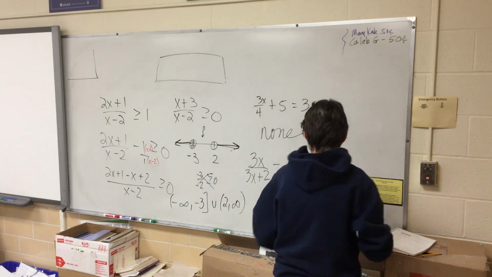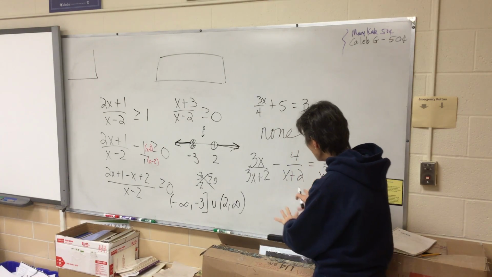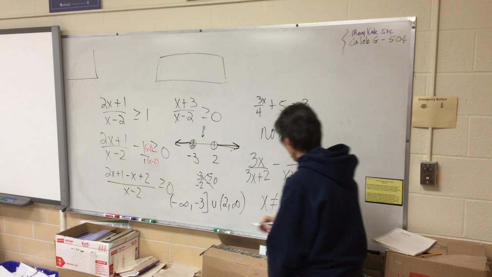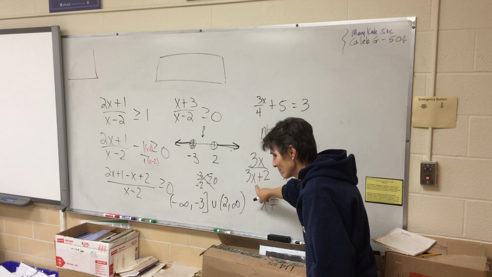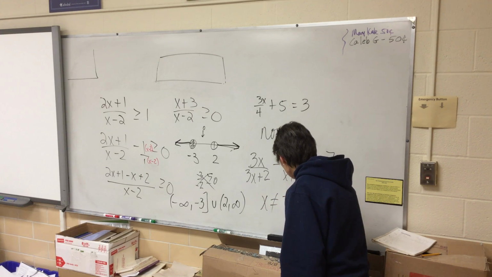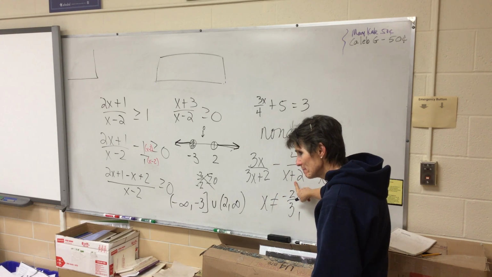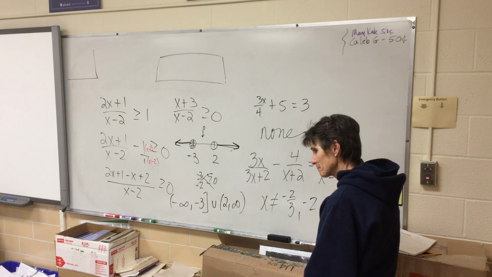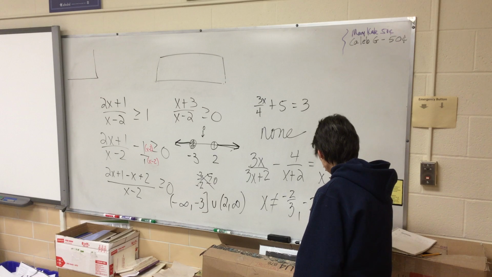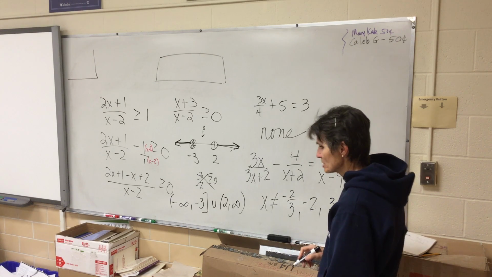What are the excluded values? What would make the denominators 0? x can't be what? -2/3. x can't be? -2. And x can't be? 3 and -3, or plus or minus 3.